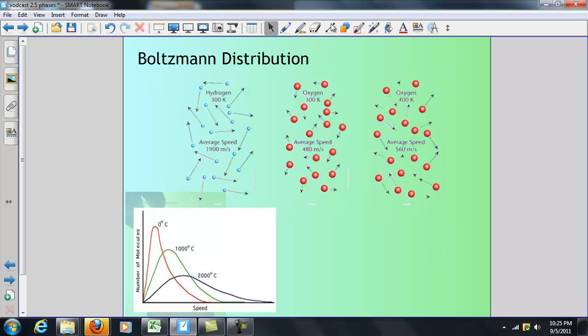If we look here at oxygen at 300 Kelvin, the molecules are moving at an average speed of 480 meters per second, which is super fast. And at 400 Kelvin, they're moving at 560 meters per second. So when someone asks what temperature means as far as molecules go, it means the higher the temperature, the faster the molecules are moving and the more kinetic energy they have. And that's what that Boltzmann distribution shows us.